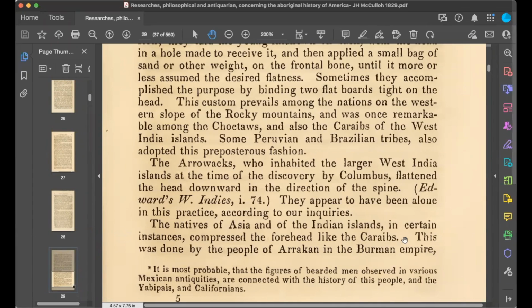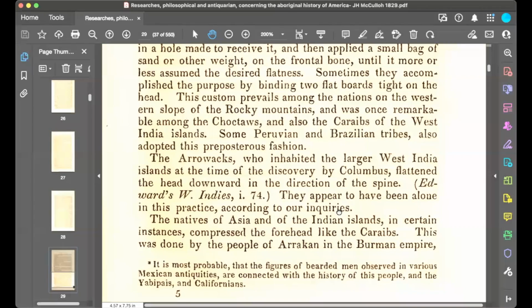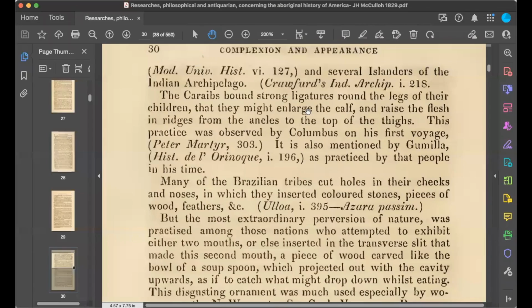They appear to have been alone in this practice according to our inquiries. The natives of Asia and of the Indian islands in certain instances compressed the forehead like the Caribs. This was done by the people of Arakan in the Burma Empire and several islanders of the Indian archipelago.